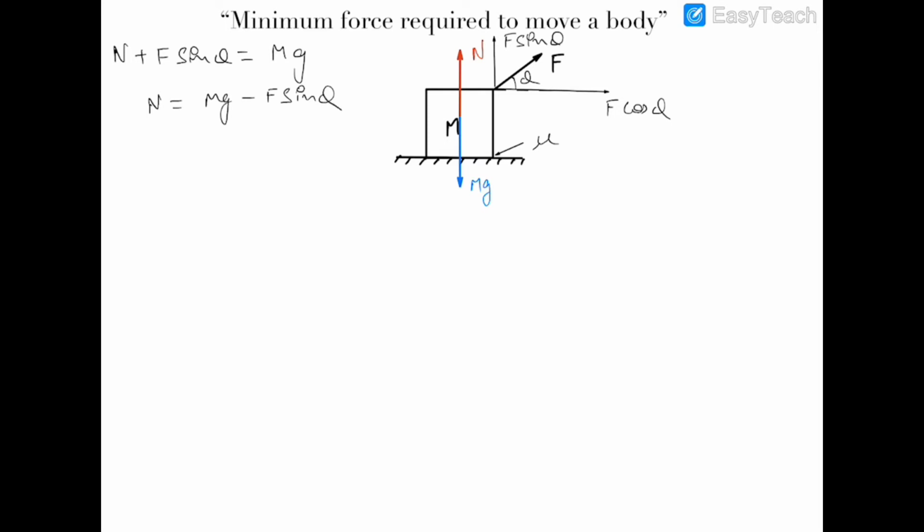Now this friction will be acting in the reverse, backward direction, due to the tendency of movement in the forward direction. So the friction will be equal to mu into normal reaction, that is, mu into (mg minus F sin theta).